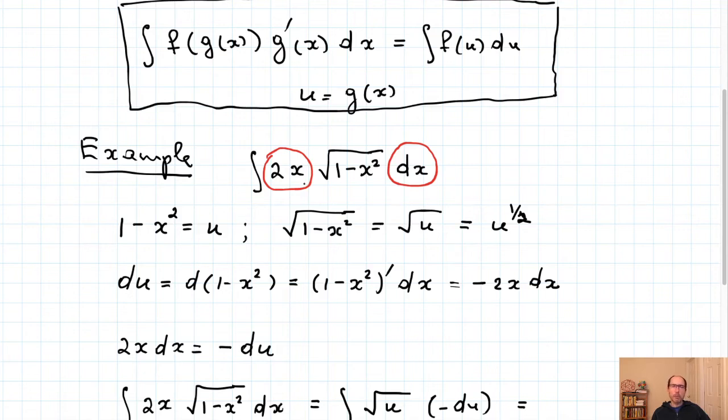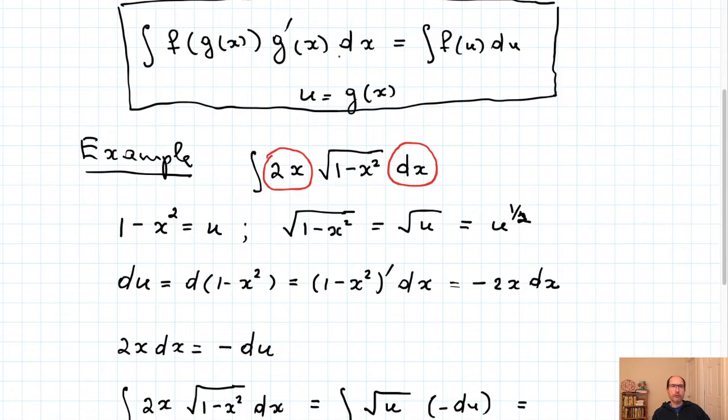Namely, the derivative of 1 minus x squared is negative 2x. We don't have negative 2x in our integral, but we have positive 2x. And so this is what the general formula that I wrote earlier refers to, where you have under the integral sign the function f of g of x, and then times g prime of x dx.